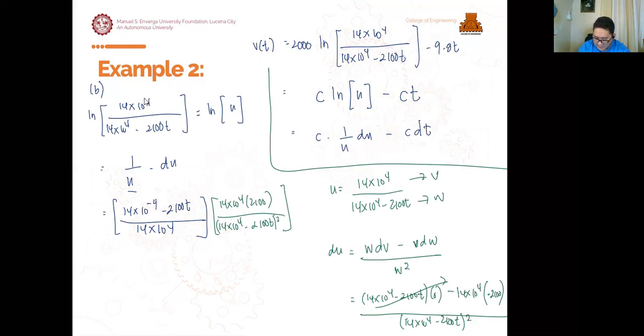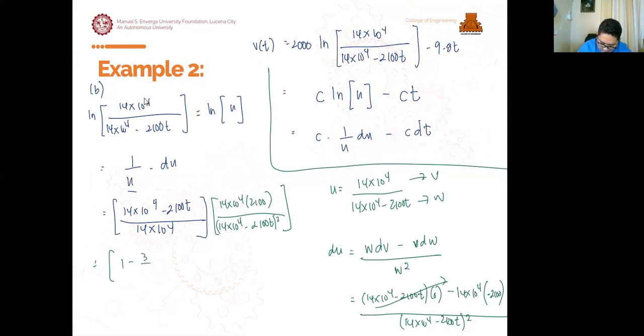Then, pag sinimplify natin, okay. So, didistribute lang naman natin. So, ito ay walang negative to. Okay. So, magigitong 1 minus 2,100 divide 14.